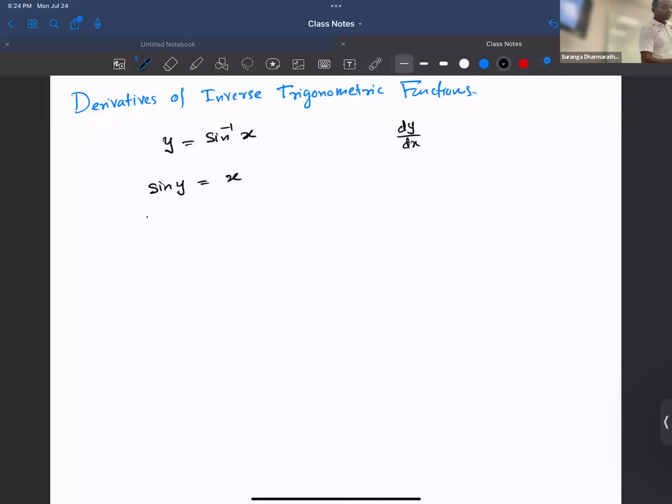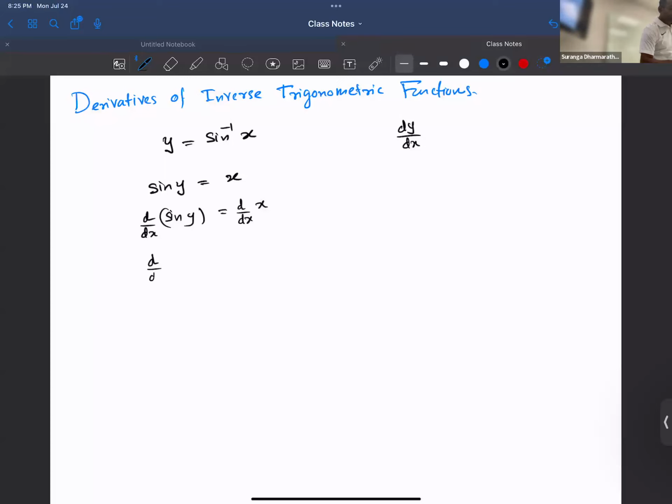So what you do is you take d over dx of sine y on this side and d over dx of x. And how do I deal with d over dx sine y? Because now y is a function of x. What is that golden rule that we use? Chain rule.